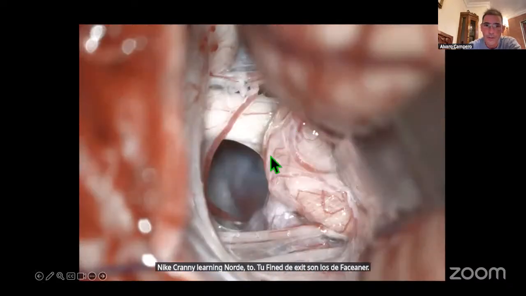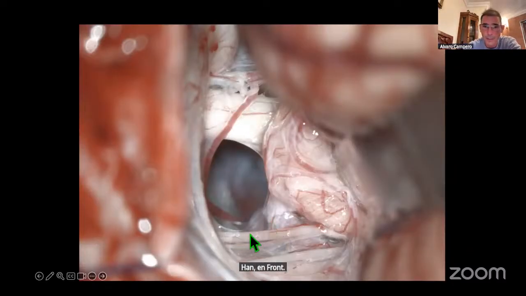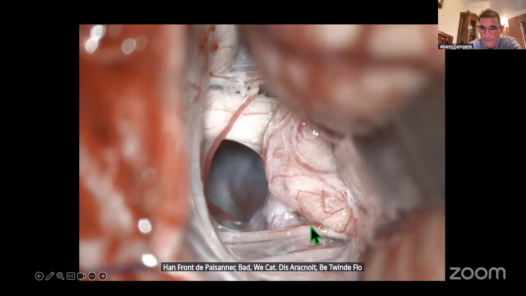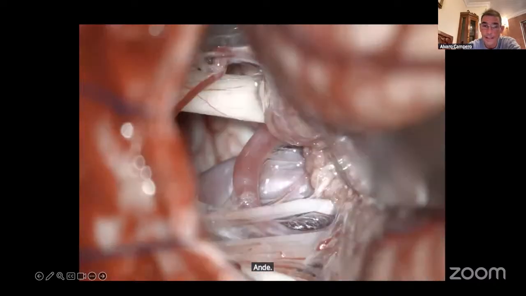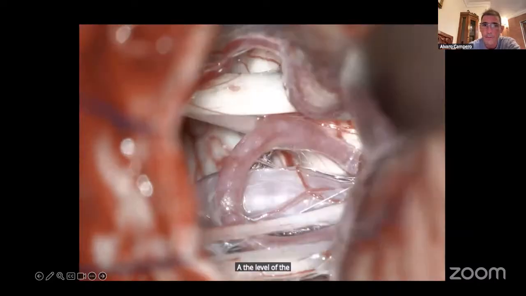This is the flocculus, this is the 8th, and in front the facial nerve, but we cut this arachnoid between the flocculus and the 9th cranial nerve. This is the choroid plexus. Look that we are working from below to up. We dissect the arachnoid at the level of the 9th cranial nerve, and now we have a good visualization.